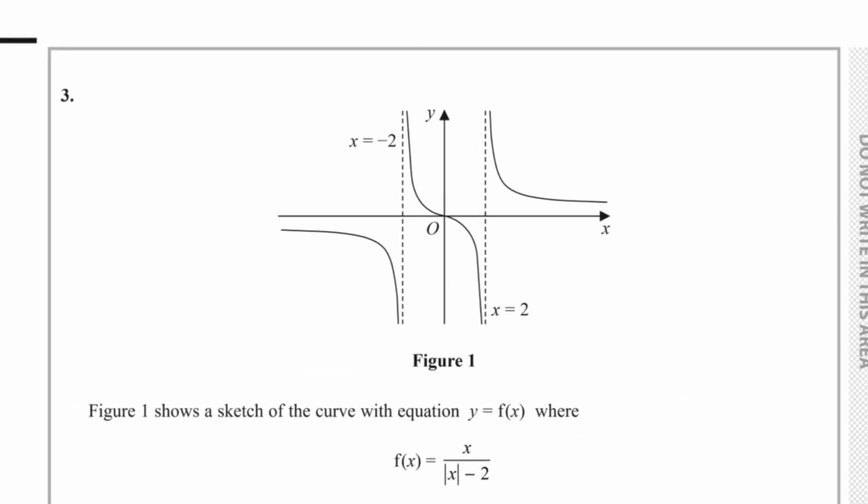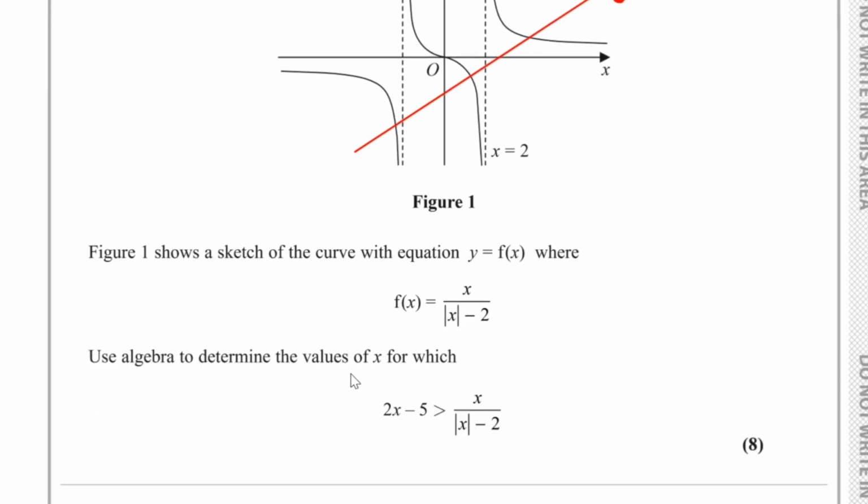Now, before we do anything else, here is roughly a sketch of the line y equals 2x minus 5. What we need to do is find out critical values. From there, we can find out the range of values of x which we require.